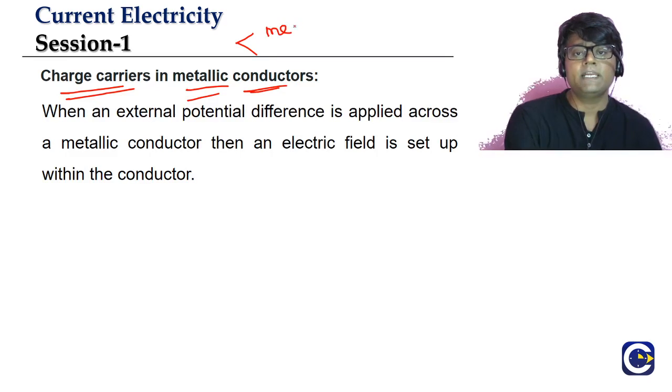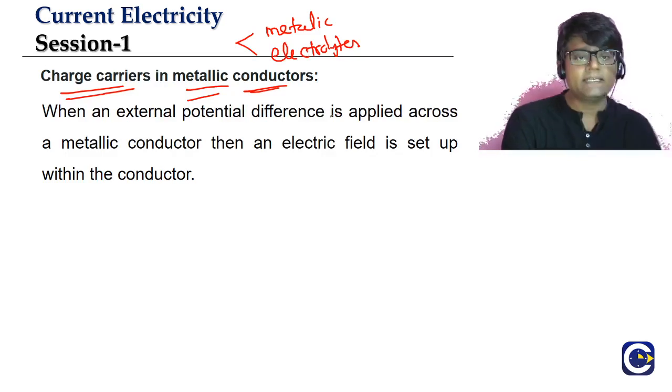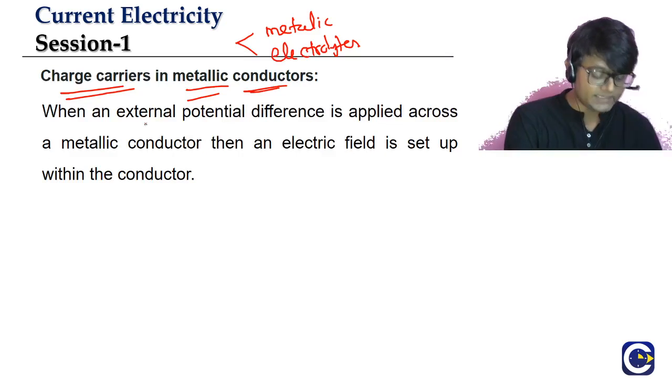One is the metallic conductors. The second, which you will study in chemistry, is electrolytes. In metallic conductors, where we can put all the metals and semiconductors, the charge carriers are basically electrons.